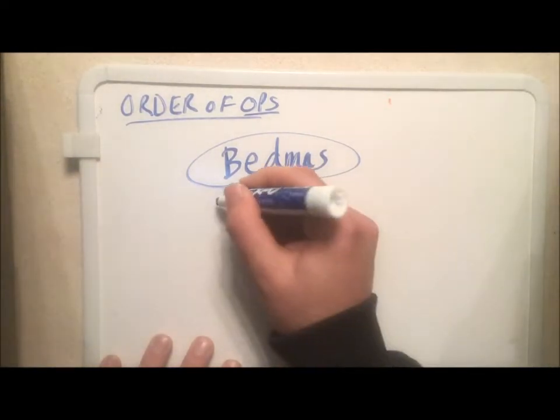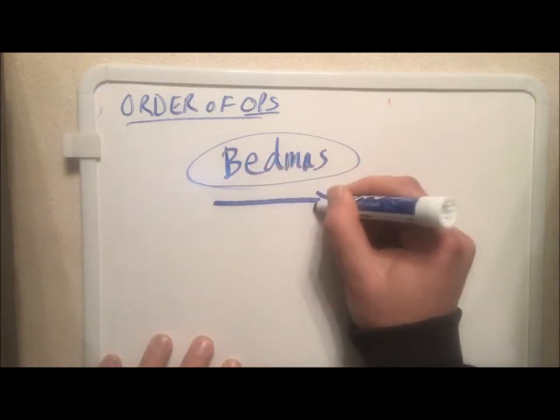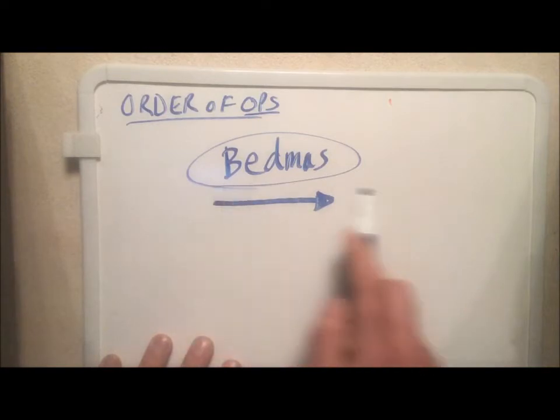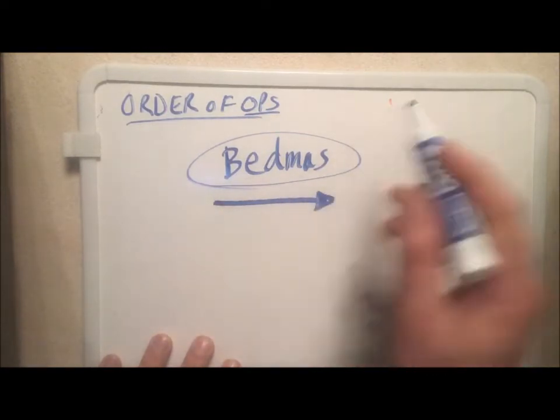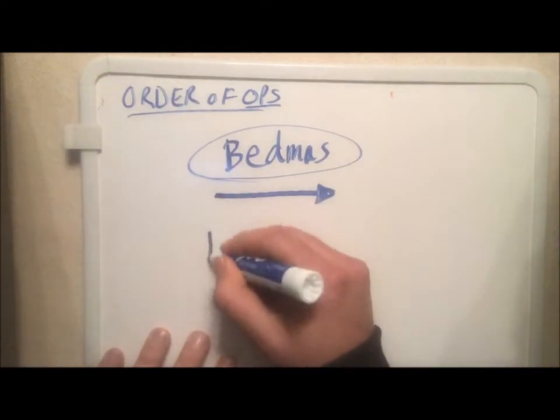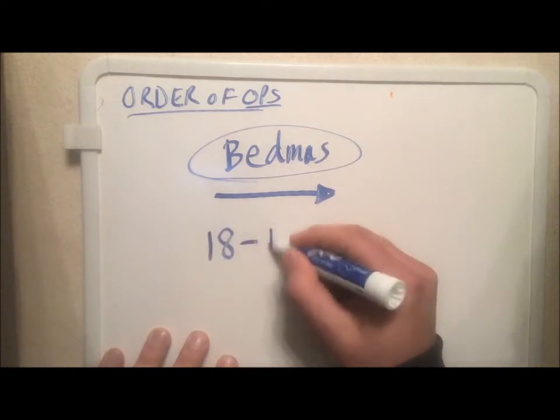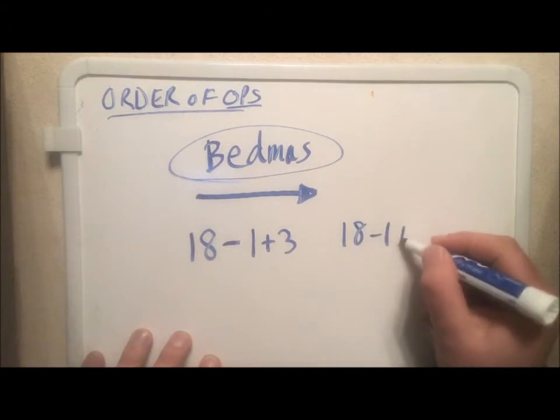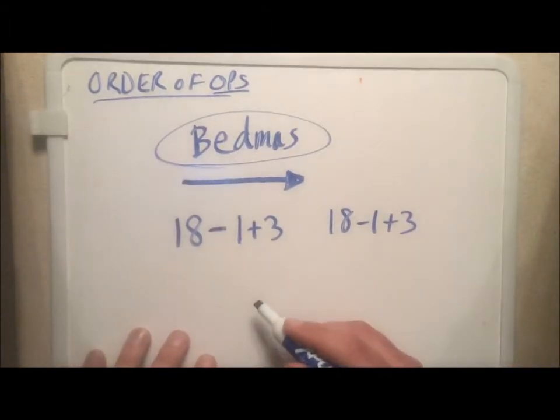What this means is that when we see math, we have to have an order to do things, and the order is you start with the B and you go all the way to the end. The reason is that if you had something like 18 minus 1 plus 3, people can get different answers.